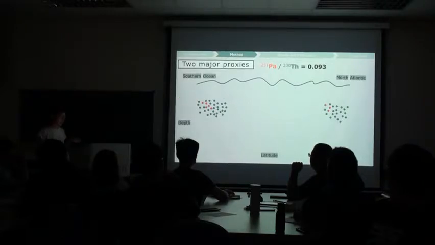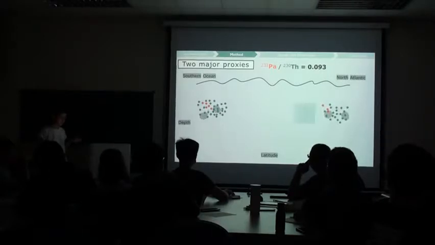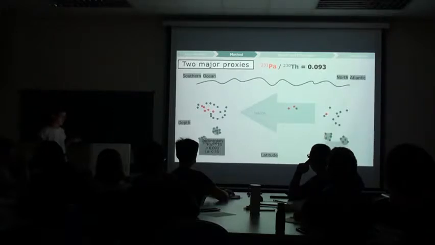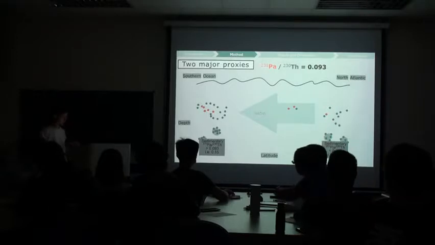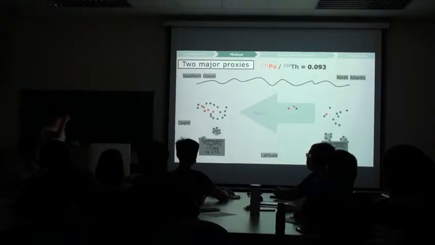Thorium is more particle reactive, so it is rapidly removed to the sediment. The protactinium is exported by the NADW from the North Atlantic to the Southern Ocean. So in the Southern Ocean, the sedimentary ratio is higher than the standard, and in the North Atlantic it is lower than the standard.